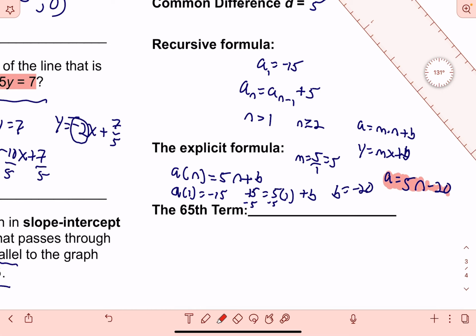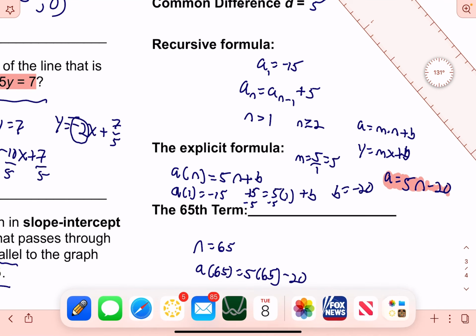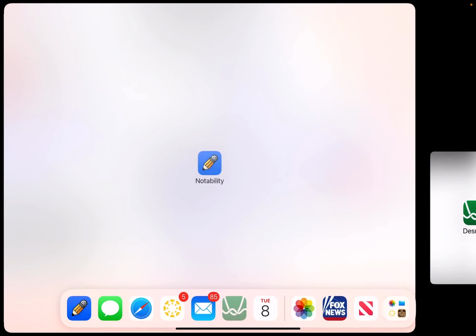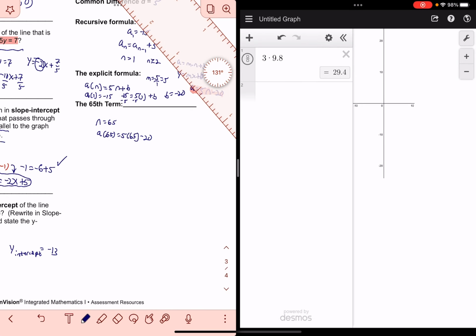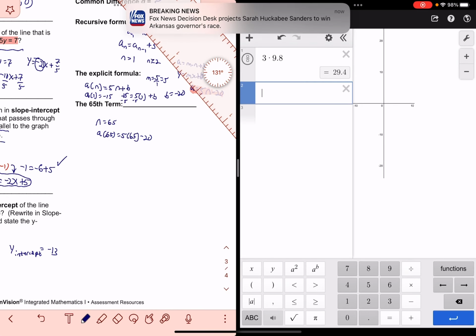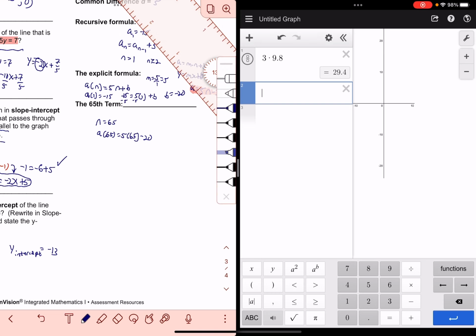So now that we have the explicit formula, can we find the 65th term? Yes, all that means is let n equal 65. So a evaluated at 65 is simply 5 times 65 minus 20. I'm not the smartest, so I'm going to go ahead and figure this out. 5 times 65 is 325.